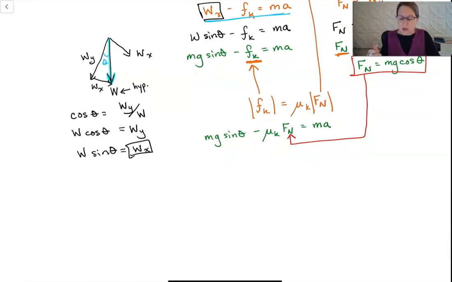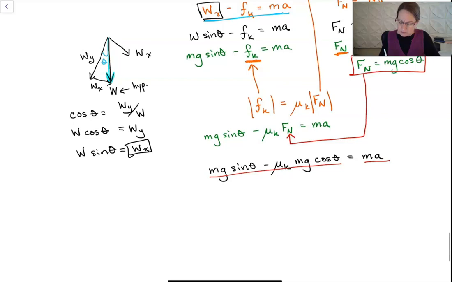I'm just doing some algebra at this point. That gives me mg sine of theta minus mu sub k mg cosine theta equals ma. At this point, and only at this point, I've got a mass in every term. So I can divide both sides by m.